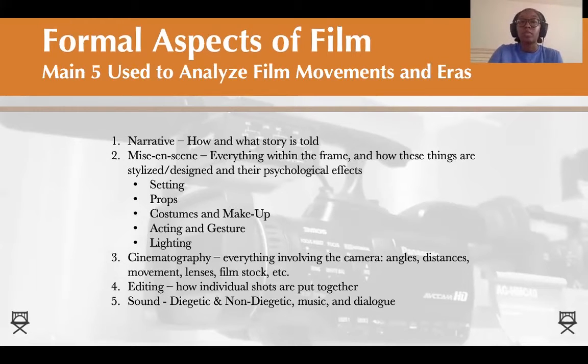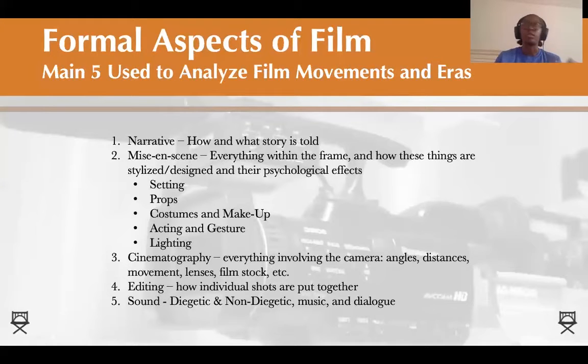Then we have cinematography, which is everything involving the camera, including angles, distances, movement, lenses, film stock, everything. This is a way for us to analyze how cameras have evolved at the time, and to understand what changes were made available by the evolution of the technology. Then we'll also look at editing, which is how shots are put together.